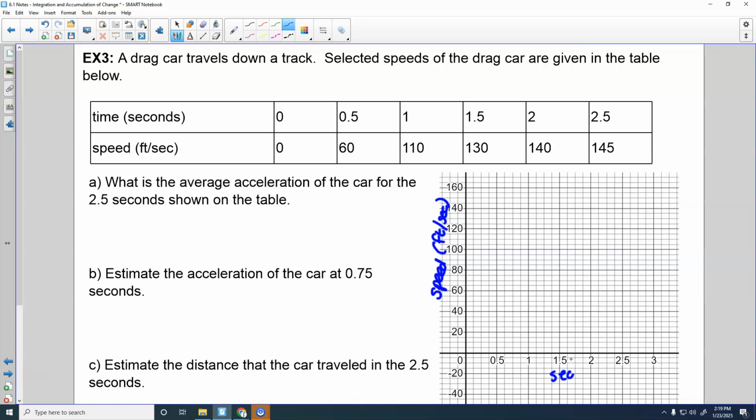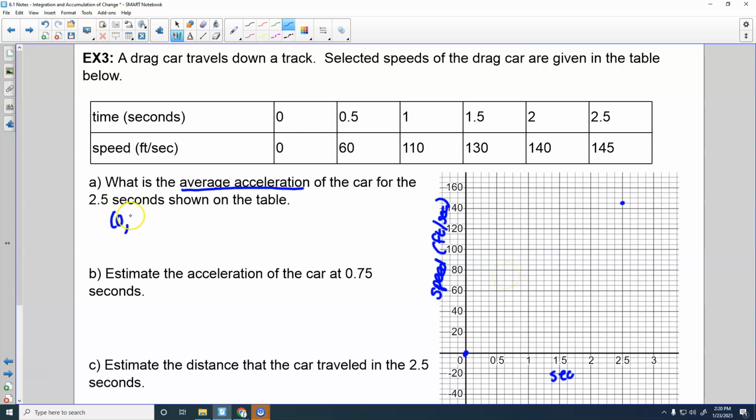The slope, right? Specifically, if it's average acceleration for the 2.5 seconds, that's just the slope between the endpoints. So I've got the point 0, 0, and 2.5, 145, which will fall right here. So I'm just looking at that slope between the endpoints.